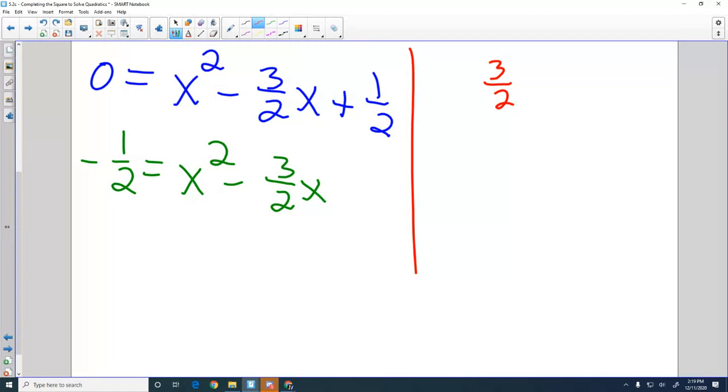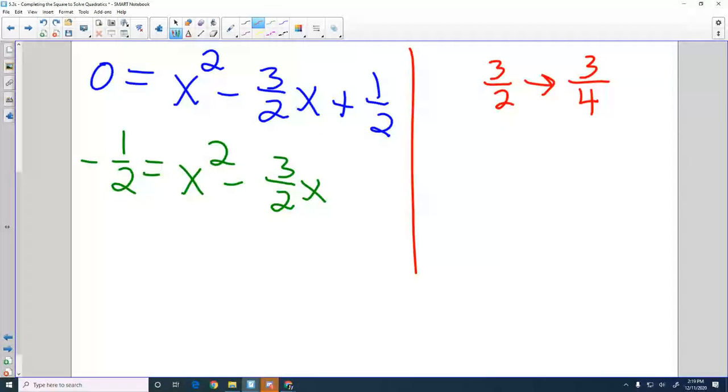Dividing by 2 is the same as multiplying by half. If I take half of something, that's the same as dividing it by 2. So all you're going to do is change this 3 over 2 to 3 over 4. Just double the denominator. By doing that, you've just divided by 2. Doubling the denominator is the same as dividing it by 2.